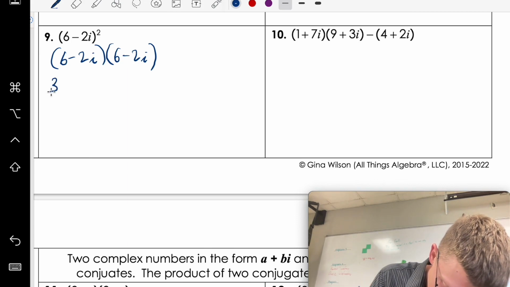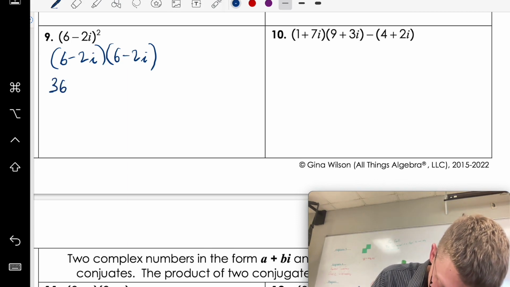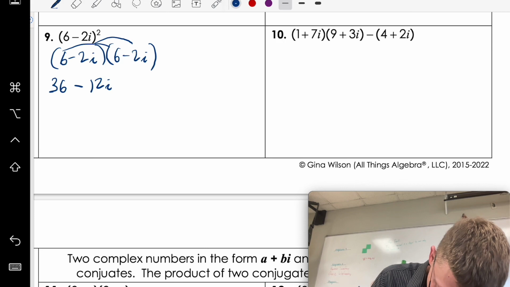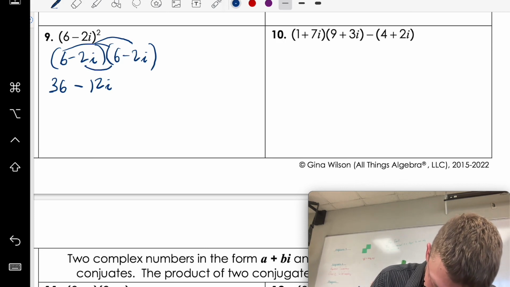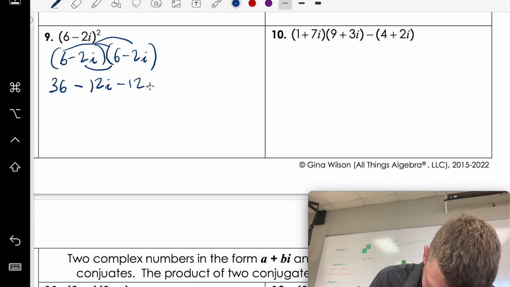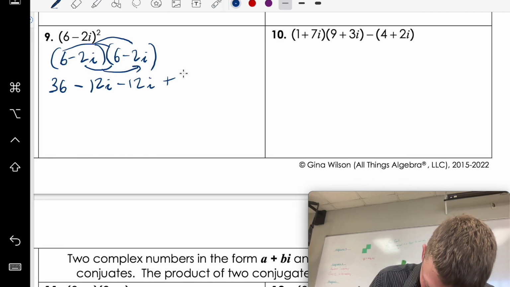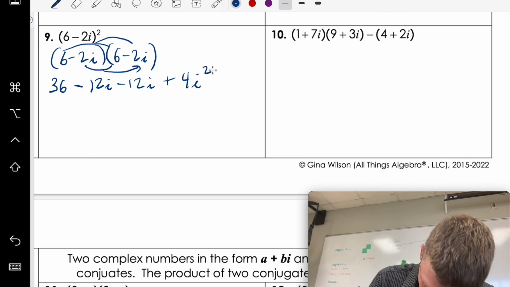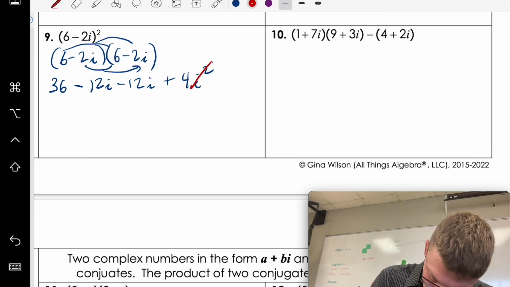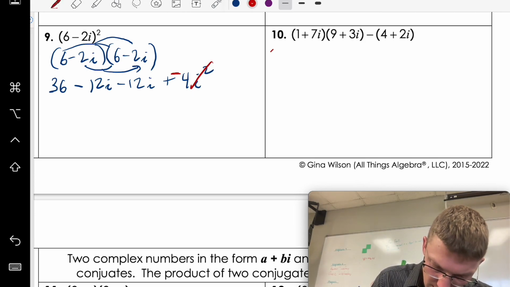So then we've got 36, right there, minus 12i, negative 2i times 6 is minus 12i, and then negative 2i times negative 2i will be plus 4i squared. That turns into a negative.